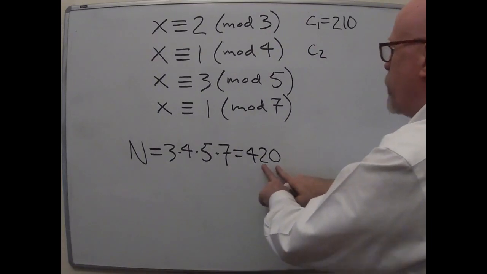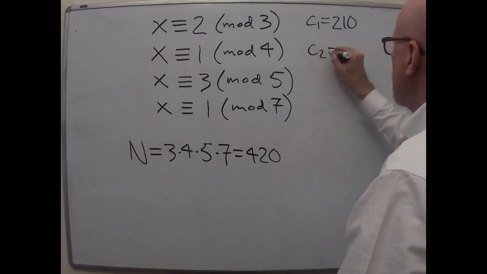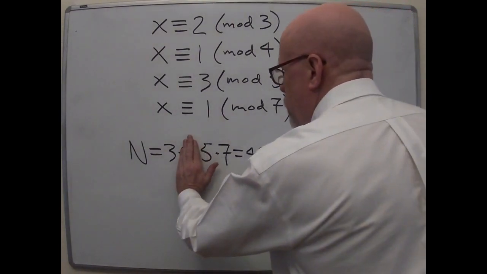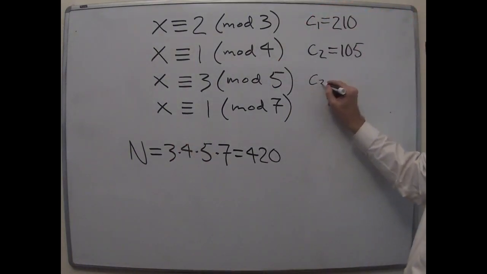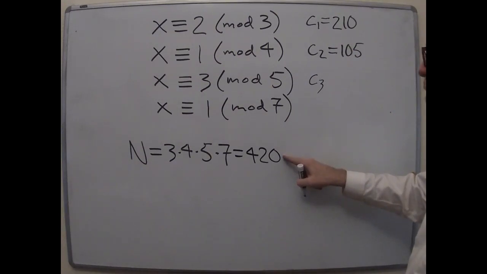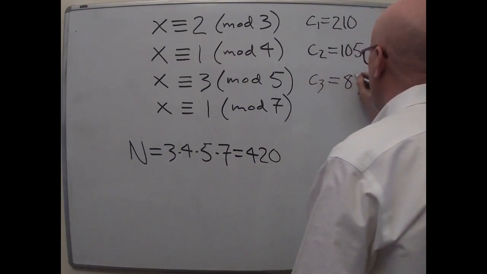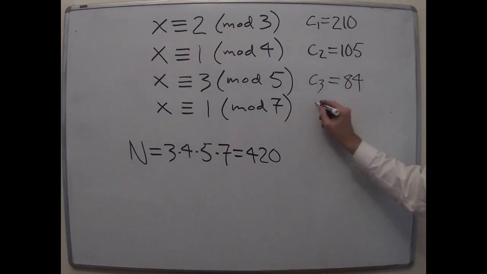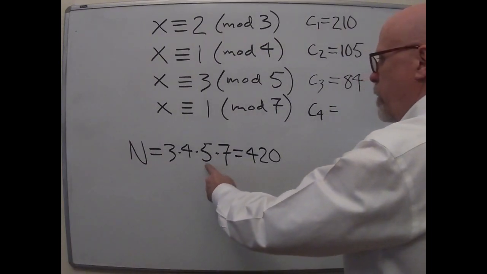C2 would be, take this 420 and divide it by 4, 105. Did I do that right? 35, yep, 105. C3, that would be this 420 divided by 5, or maybe it's easier to just do 12 times 7, 84. And finally, C4 is, what am I doing now? 3 times 4 times 5, 60.